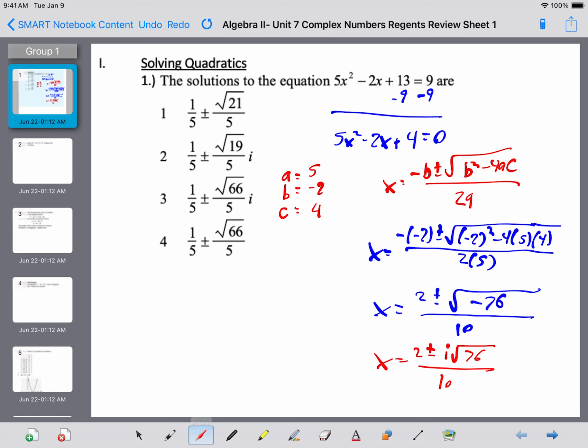So what I'm going to do in my calculator is go to y equals and type in 76 divided by x, and then go to my table of values.